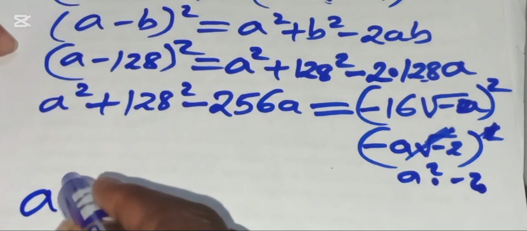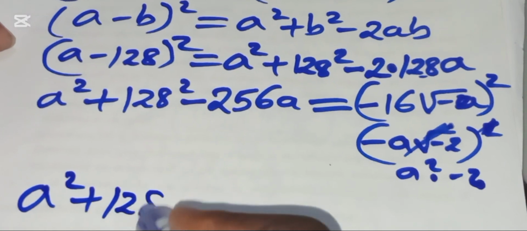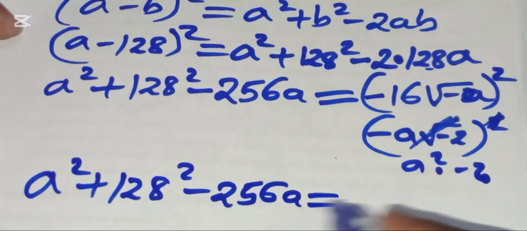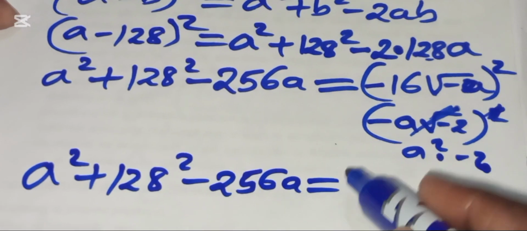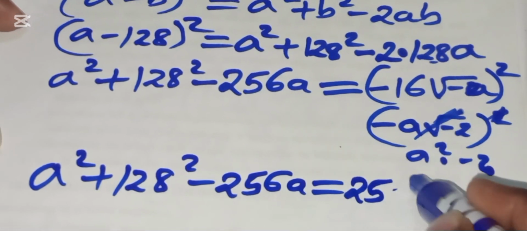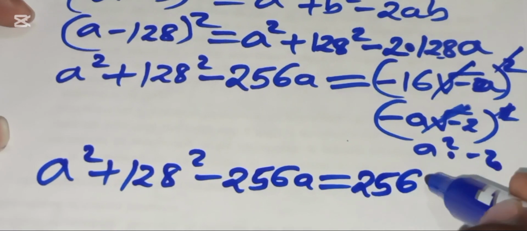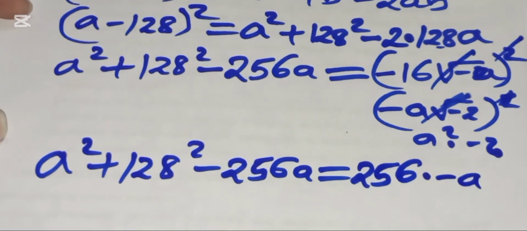The same thing here. This is a squared plus 128 squared minus 256a, which is equal to negative 16 squared, which is 256, and then we eliminate the square root sign, so multiplying by negative a.